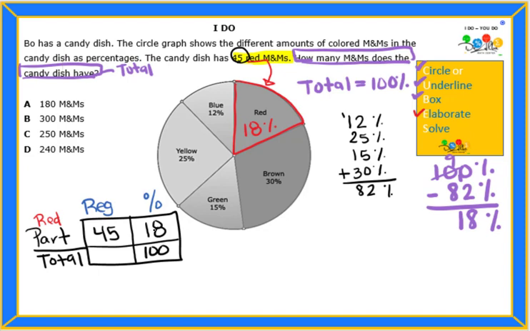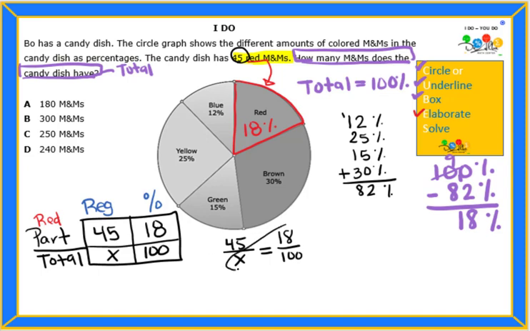So what we want to know is what would be equivalent to 100% so that we can figure out the total number of M&Ms in the dish. So our x in this case is going to be the total number of M&Ms in regular number. And now we have a proportion, and we have 45 over x is equal to 18 over 100.